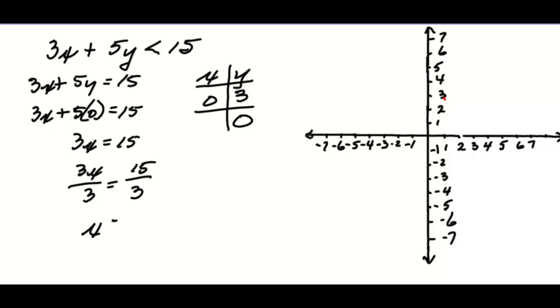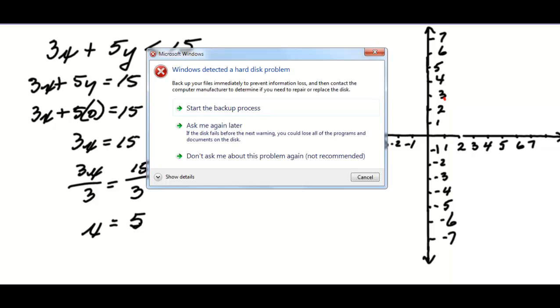And x equals 5. So far, we've been getting nothing but positive numbers. Don't count on that all the time. For example, if you did number 28, where it's 3x minus 4y is less than 12, using the 0, 0 points, you'll find out that, in fact, y equals a negative 3. So it doesn't always turn out that your x and y points are positive, but in this particular case, it's true.